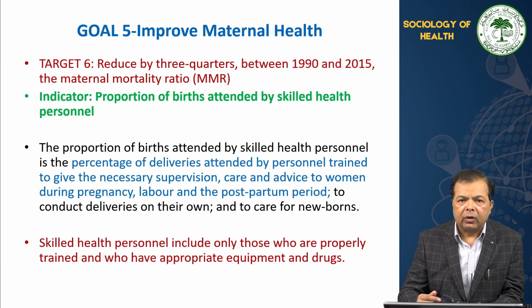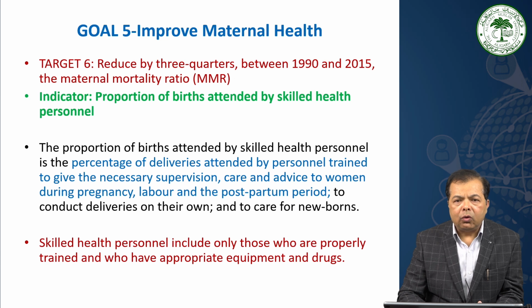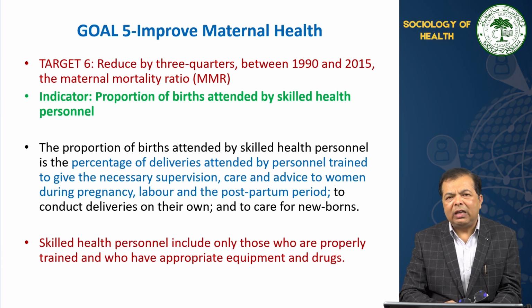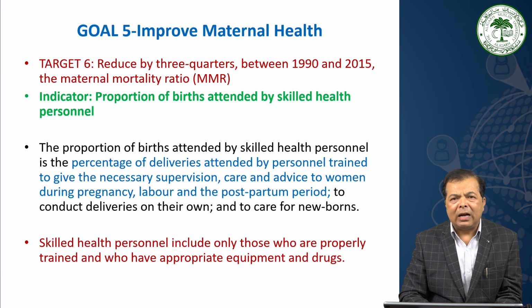government report. Then we move to the next indicator, which is proportion of births attended by skilled health personnel, right? Because one of the reasons or causes of maternal mortality during pregnancy or childbirth, or even after that, is actually the absence of skilled health personnel during the childbirth.